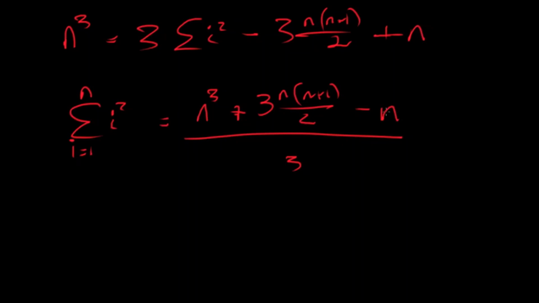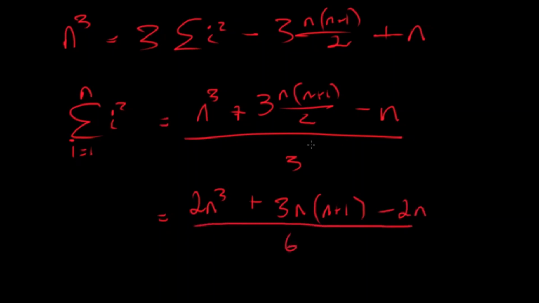There we go. All right, cool. Let's clean this thing up and hopefully get a nice answer. We're going to get a 2n cubed plus 3 times n plus 1 minus 2n all over 6. Right, because the 3 and the 2 combine. This needs a 2 to become a 6 on the bottom.